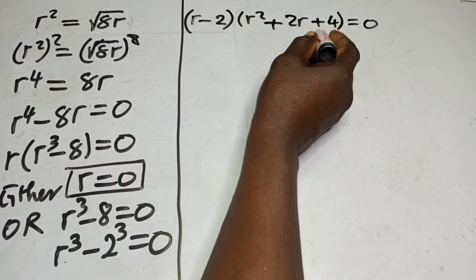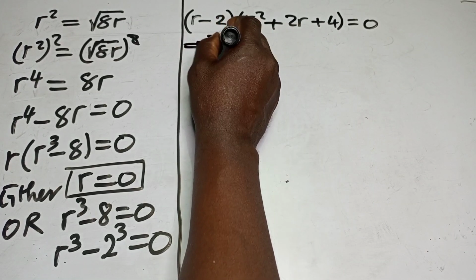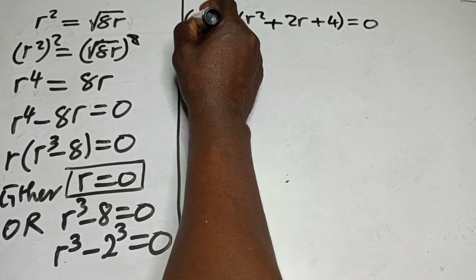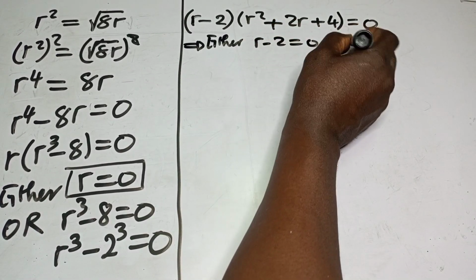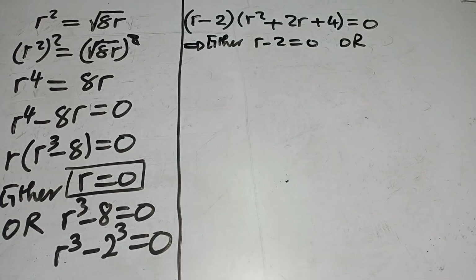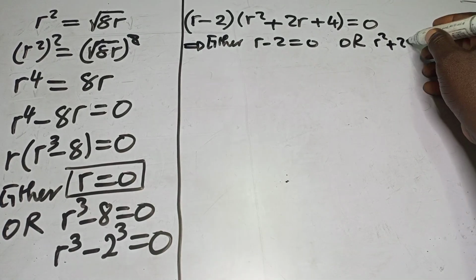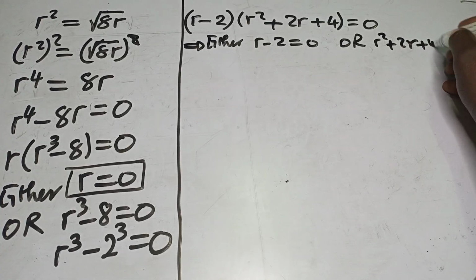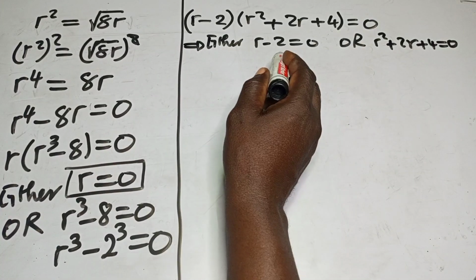This expression multiplied to this expression giving us 0 means either the first expression is 0 or the second expression is 0. So we have two equations to solve.